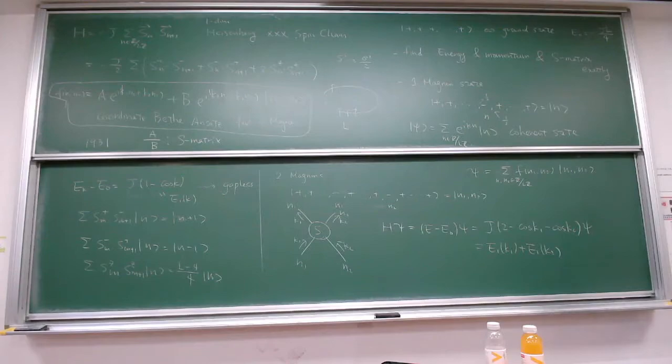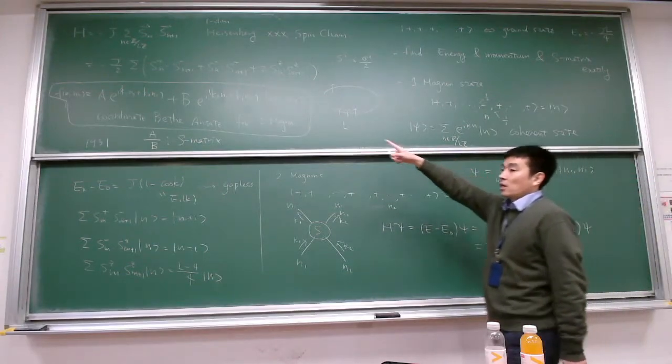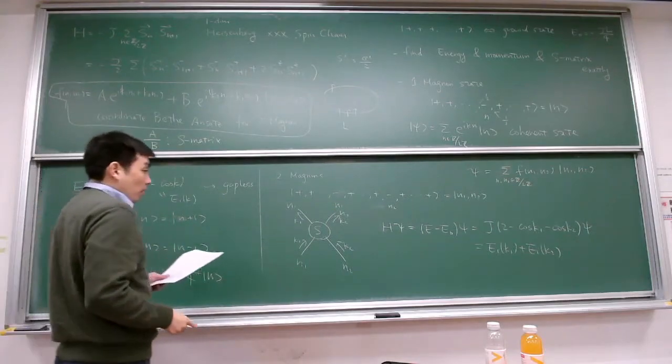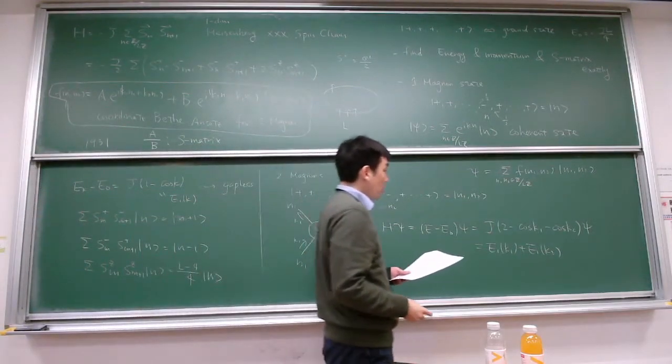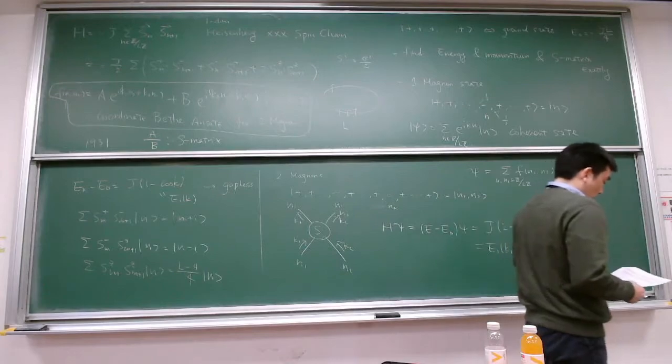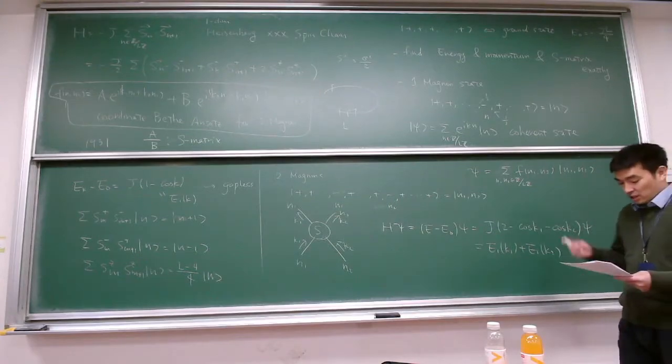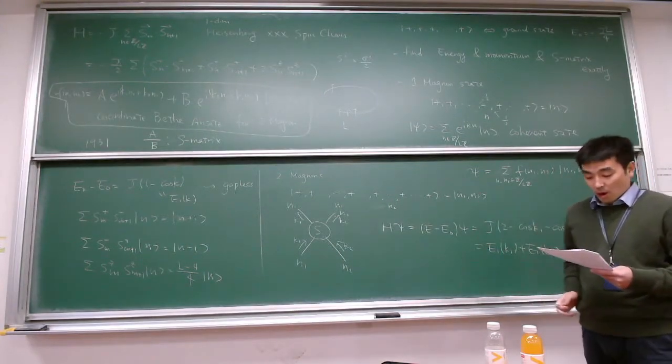Okay. So this coherent state is just the linear combination of these plane waves. So this Bethe ansatz has been assumed to derive the Hamiltonian energy and the momentum scattering amplitude exactly. So we call it an exactly solvable model.